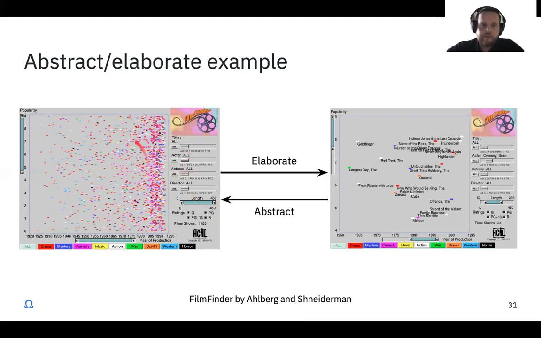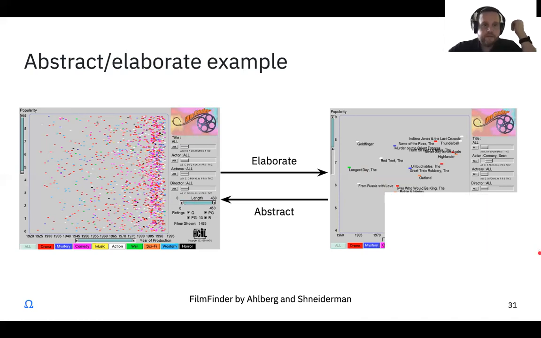Basically, going from this overview to a zoom in is elaborate. If you go into sufficient detail, then you also see the titles. And if you want to go from detail to overview, then you abstract and you go back to your main view. So that's a classic example of abstract and elaborate.